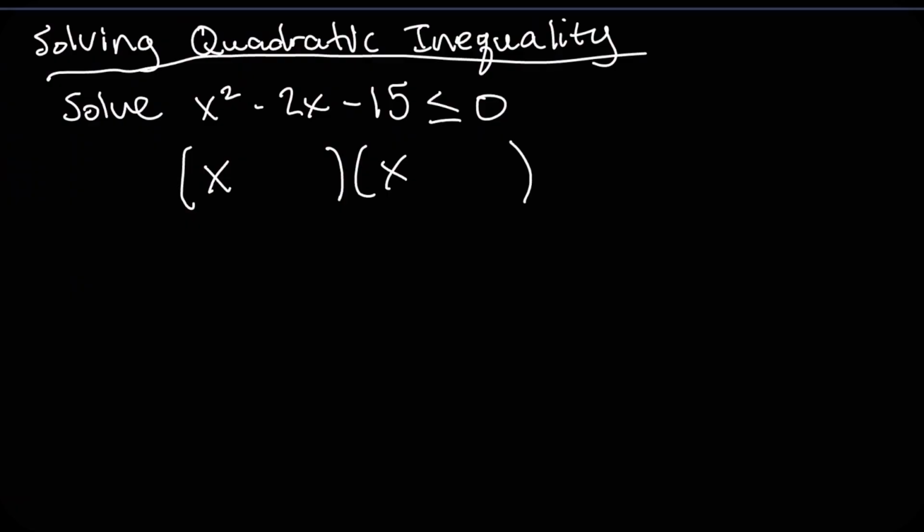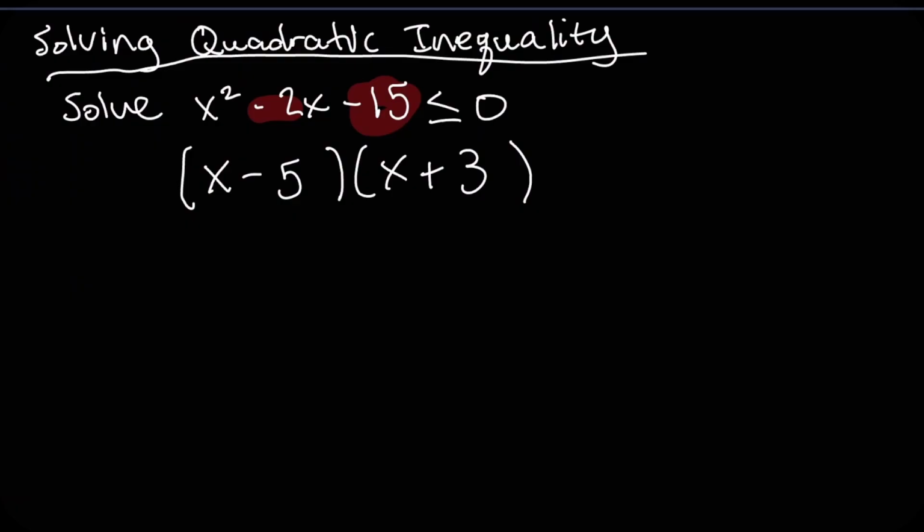We need 2 numbers, in this case, that multiply to negative 15, and when added together, get us this negative 2. That's going to be a negative 5 and a positive 3, because negative 5 times 3 gives us negative 15, and then negative 5 plus 3 gets us this negative 2.